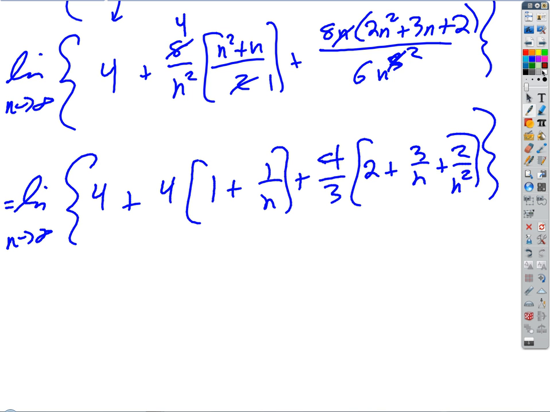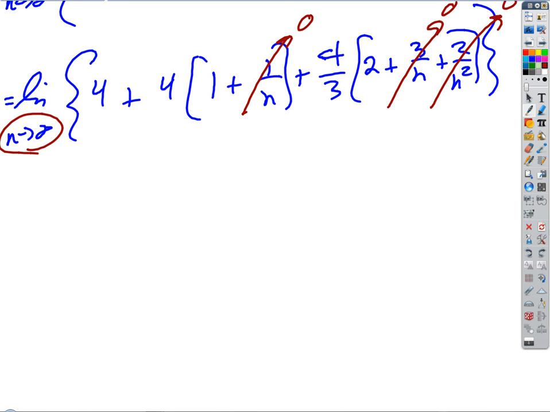Now let's take our limit. What's going to happen in the limit is n goes to infinity. Every term with an n on the bottom goes to 0, right? So that's going to vanish, that's going to vanish, and that's going to vanish. What are we left with? Some constants.